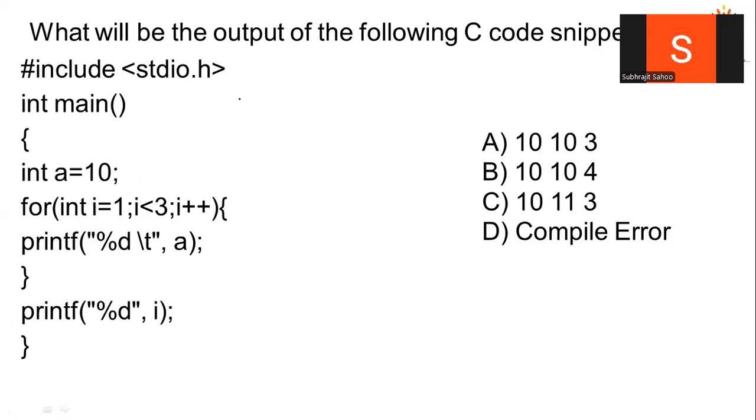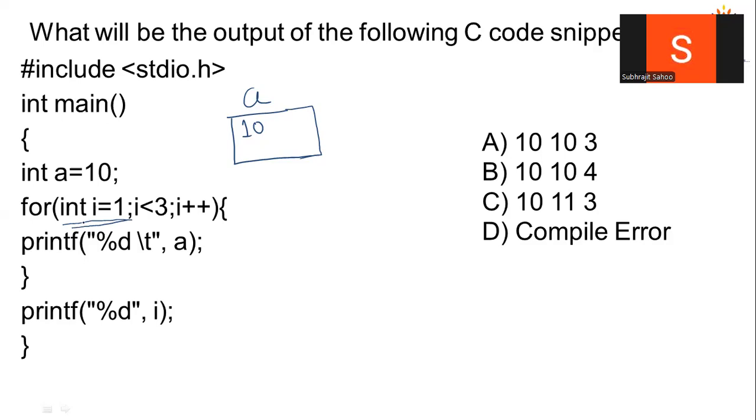So a equal to, value first assigned, 10. Right? Next, observe, a equal to 10. Now integer I equal to 1. Declaration done here.